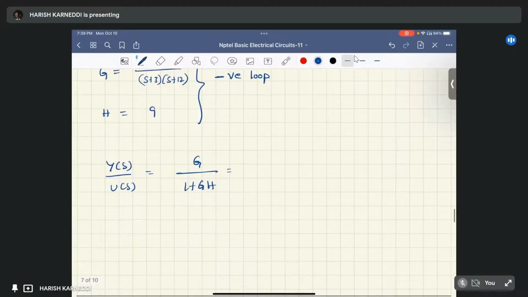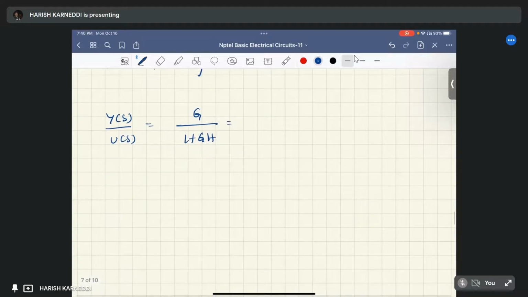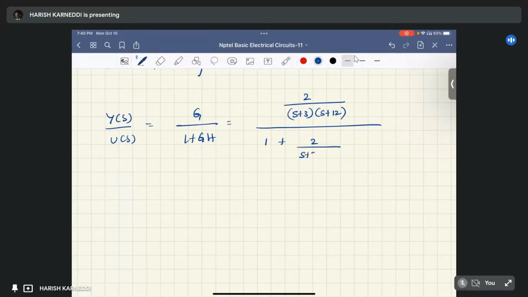But in place of G, we have 2 by (S plus 3) into (S plus 12), by 1 plus, in place of G, we have 2 by (S plus 3) into (S plus 12). In place of H, we have 9.